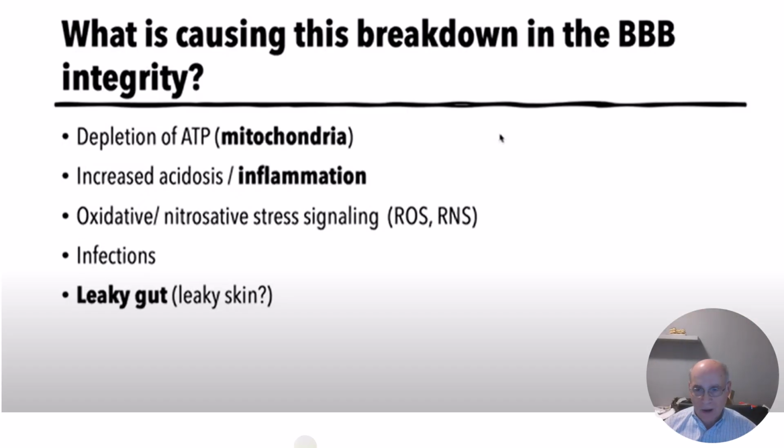So what's causing the breakdown in the blood-brain barrier? A depletion of ATP, so mitochondrial dysfunction, increased acidosis and inflammation, oxidative nitrosative stress signaling, so you're producing more free radicals, infections, and leaky gut, and in parenthesis, leaky skin.